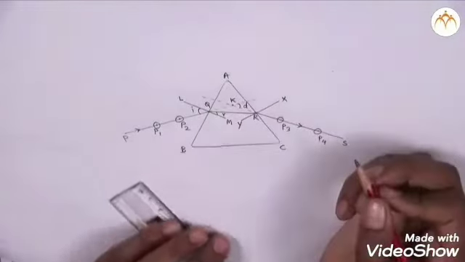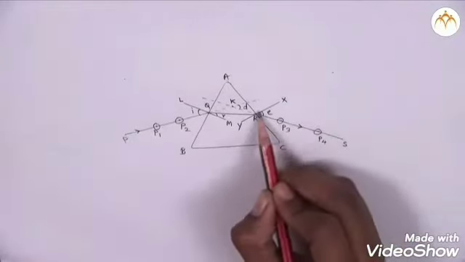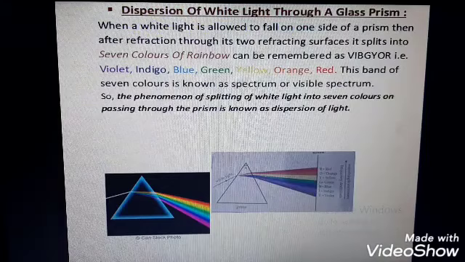Record angle of incidence, angle of refraction and angle of deviation, that is i, r and D, for 30 degrees.